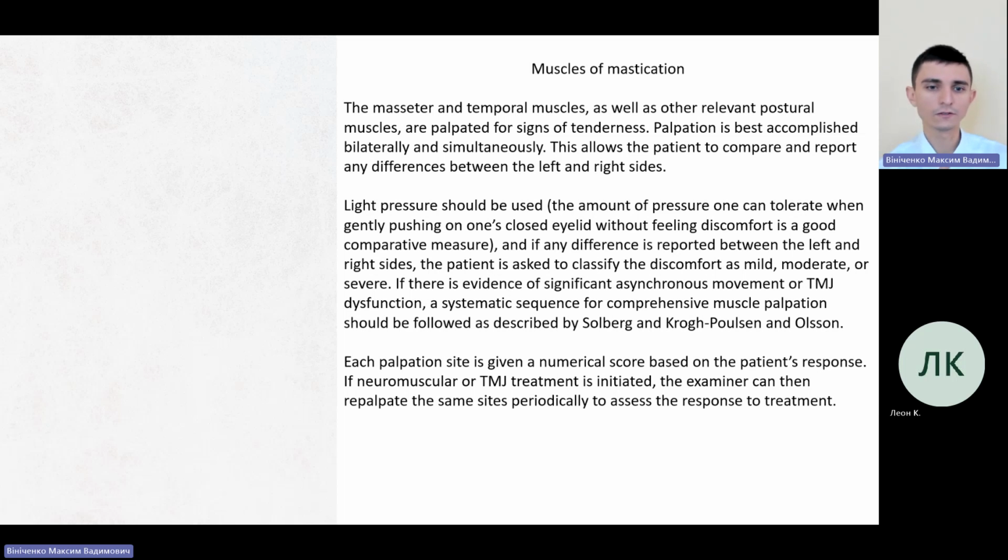If there is evidence of significant asynchronous movement or TMJ dysfunction, a systematic sequence for comprehensive muscle palpation should be followed as described by Solberg and Krol-Paulsen and Olson. Each palpation site is given a numerical score based on the patient's response. If neuromuscular or TMJ treatment is initiated, the examiner can then repalpate the same sites periodically to assess the response to treatment.